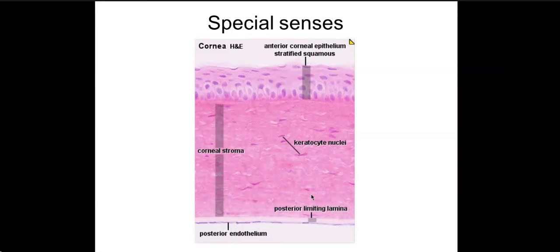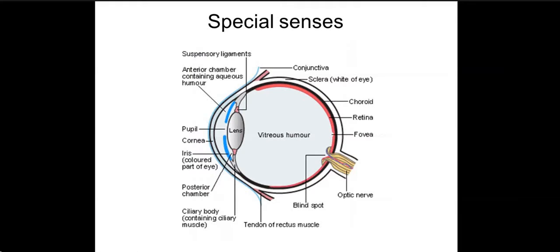The endothelial layer keeps the cornea transparent because it pumps the water, and the cornea gets its nutrition and gaseous exchange from the aqueous humor on the inside and from tears.